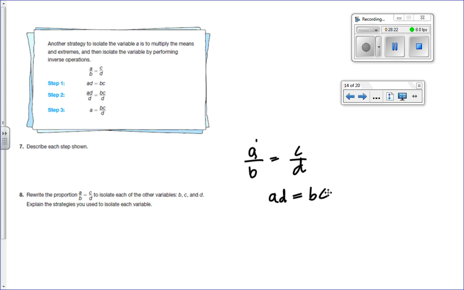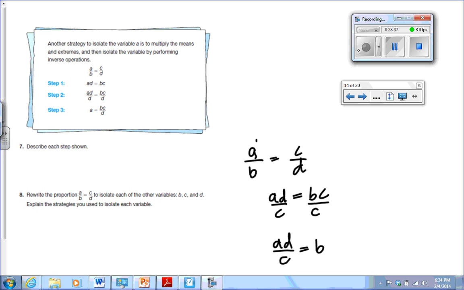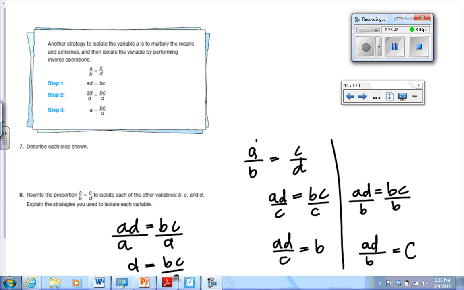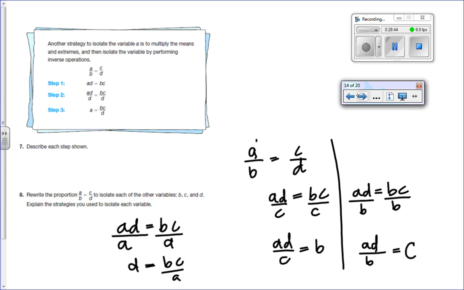And then simply we're going to divide by the variable that is next to the one that we would like to isolate. So if we wanted to isolate B, we're going to divide by C. So AD over C equals B. Go ahead and try to isolate the variable C and then D and then check yourself. And there are your answers. Let's go ahead and move on.